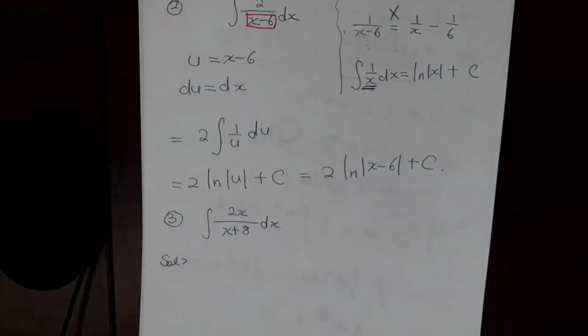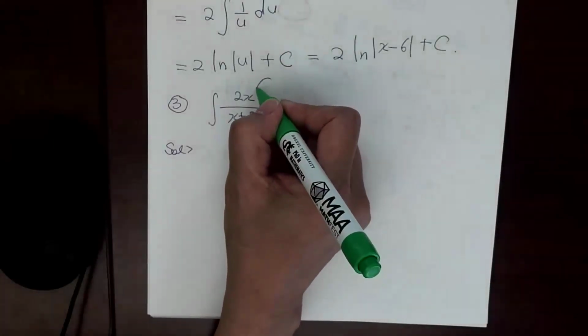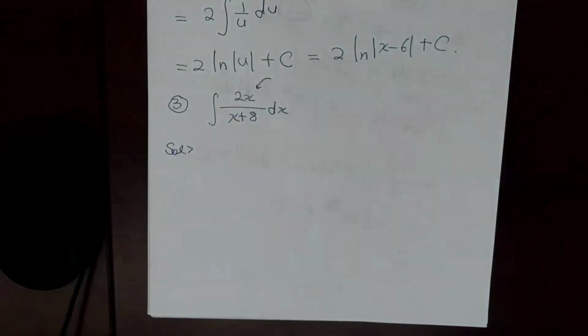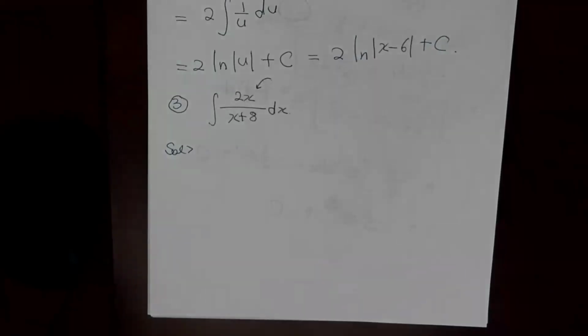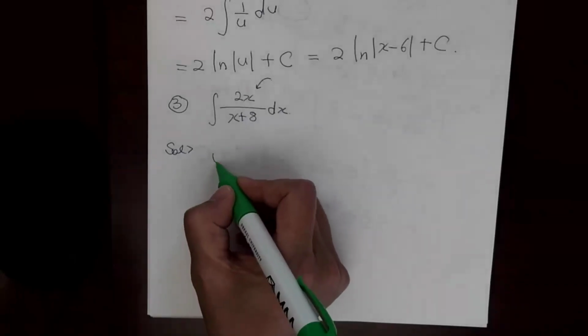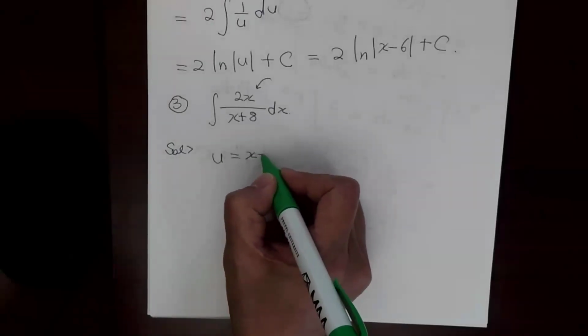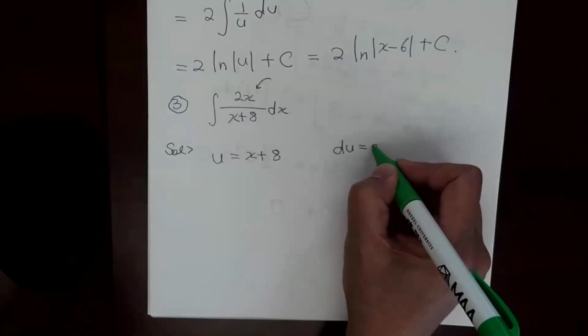The problem with the next one is the degree of the numerator is also 1, the same degree, and we cannot split this fraction. So what we will do is still put u equals x plus 8. And then we will get du equals dx.